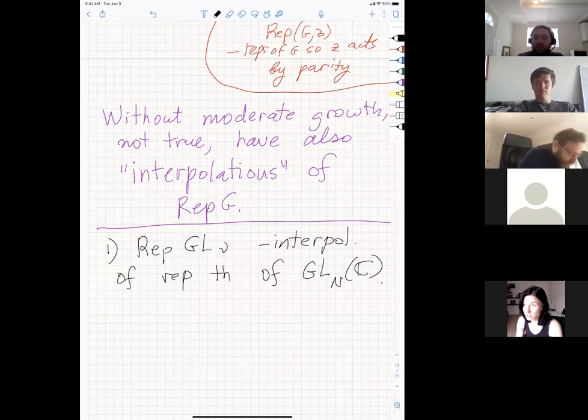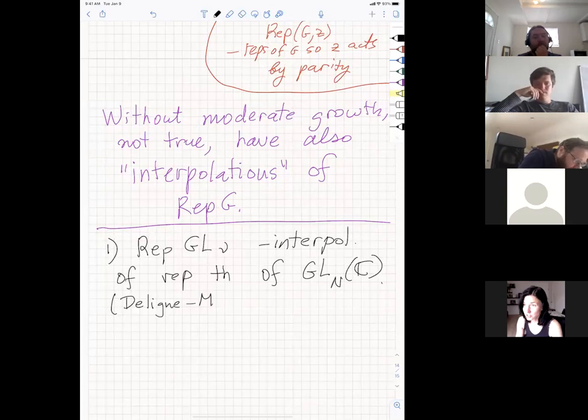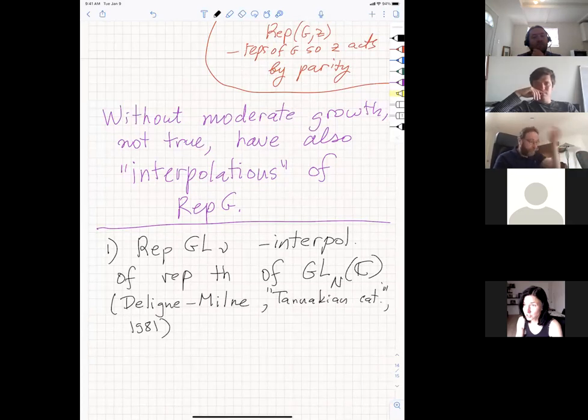All right. So the goal of this, so I want to build... So this category is already present in the paper of Deligne and Milne on Tannakian categories (1981), and there it appears as a counterexample to this theorem, which wasn't known at the time.